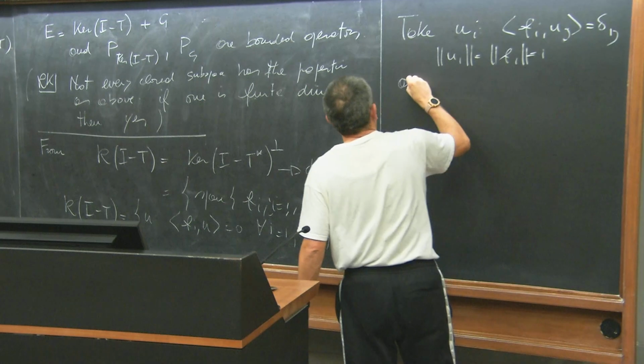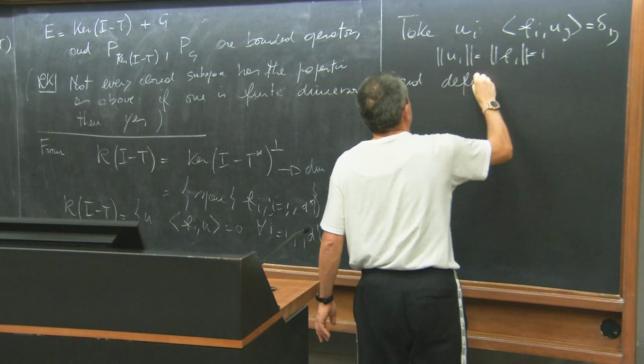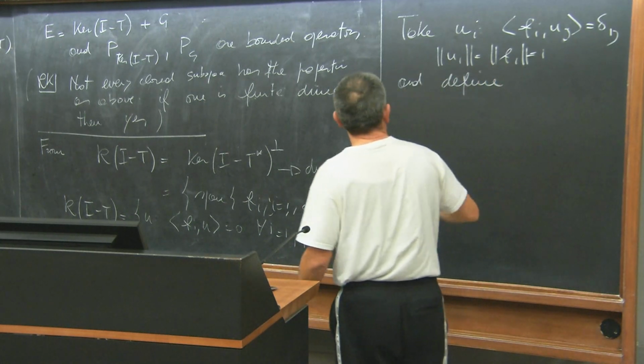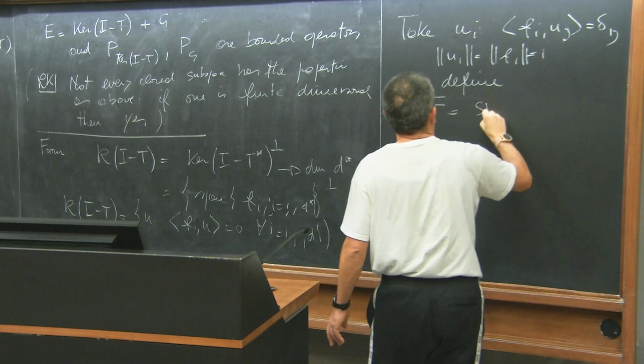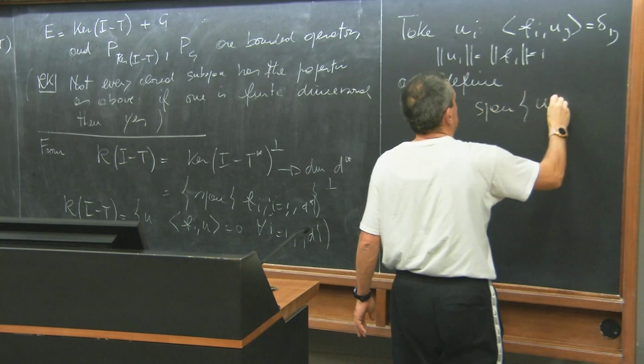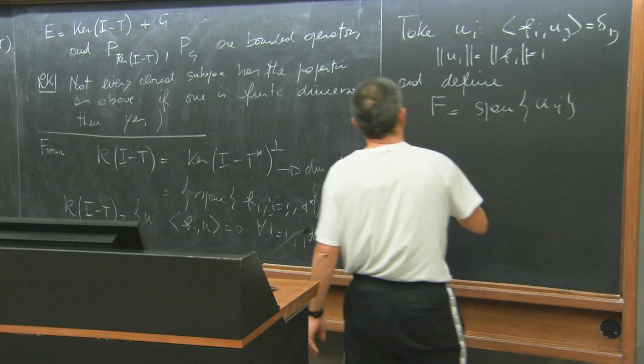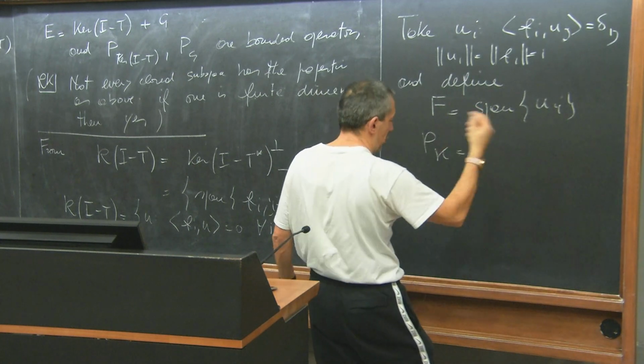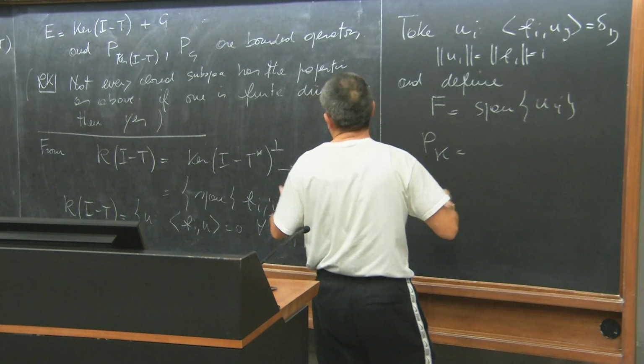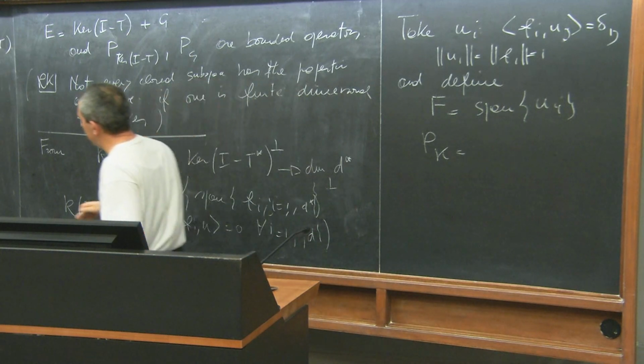And define F as the span of these u_i, and the projection over F, the continuous operator, is given by the same formula that I have here.